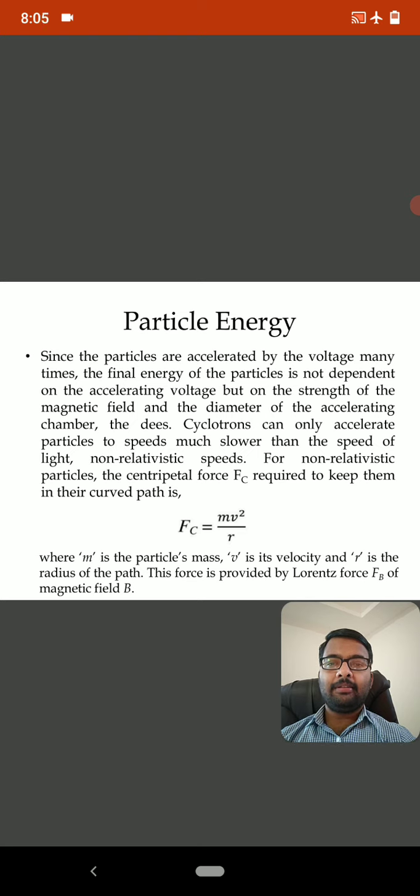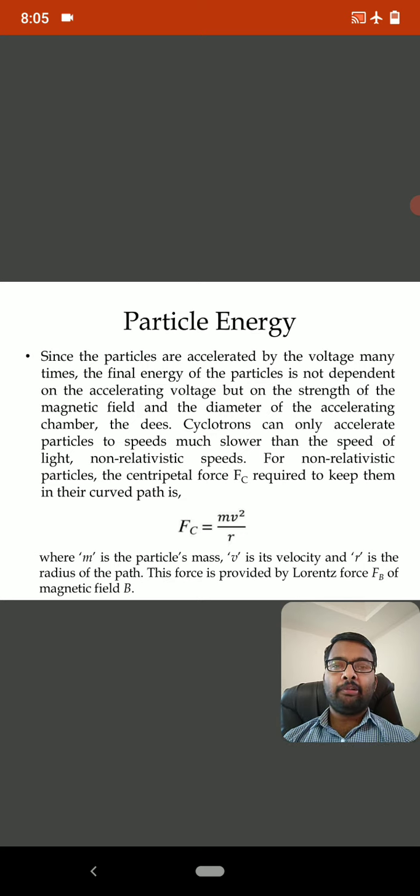We can call this one of the limitations of the cyclotron accelerator. It can accelerate the charged particles to speeds much slower than the speed of light, meaning a few percent of the speed of light can be achieved in the case of the cyclotron accelerator.